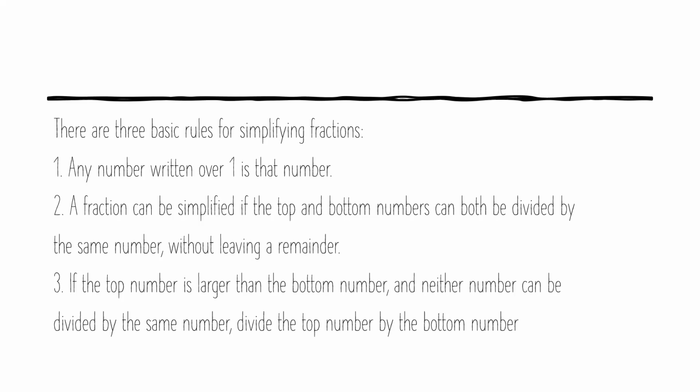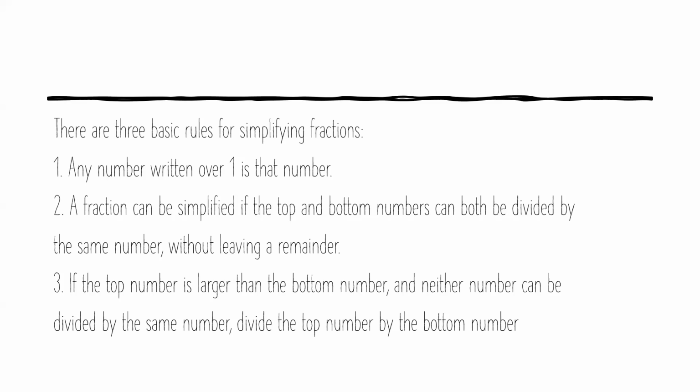A fraction can be simplified if the top and bottom number can be both divided by the same number without leaving a remainder. So ito na po yung pinaka-challenge sa atin. Hanapin natin kung ano yung number na pwede nating i-divide sa numerator at denominator at the same time na hindi naman tayo magkakaroon ng remainder.